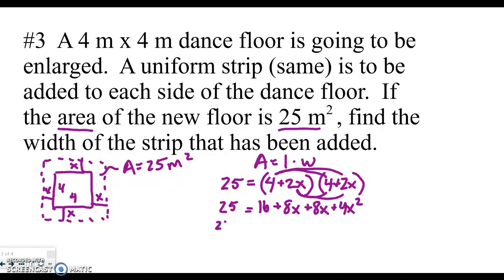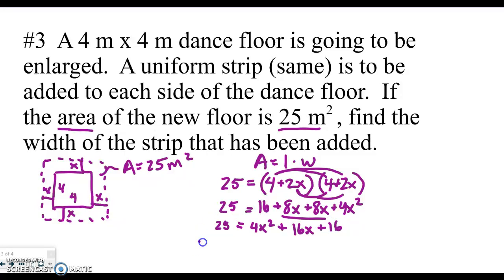Rearranging and rewriting, having simplified on this side, when I combine those, gives me 4x squared plus 8x plus 8x is 16x plus 16. Okay, over here we have 25.